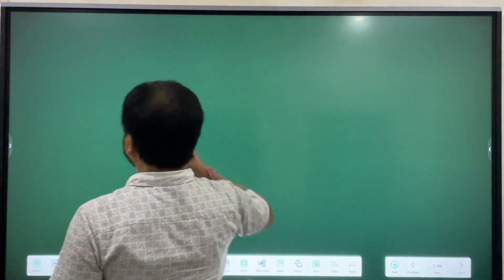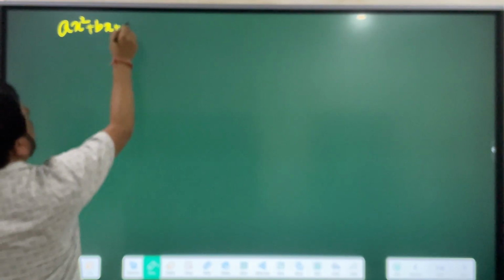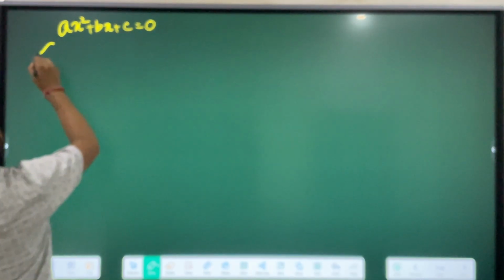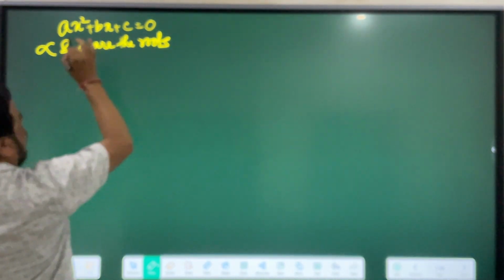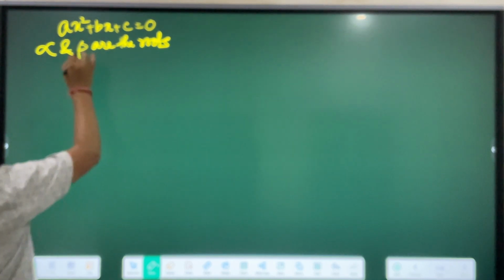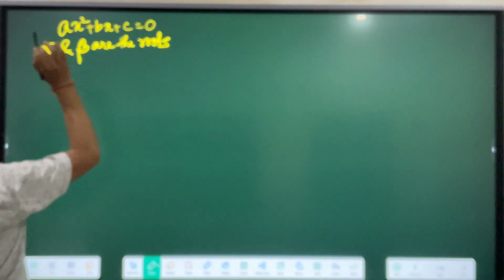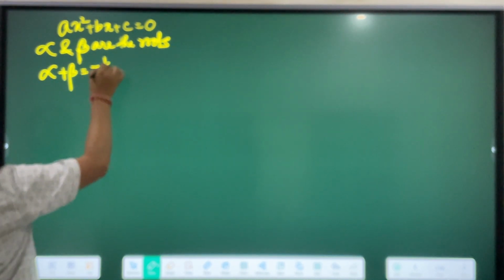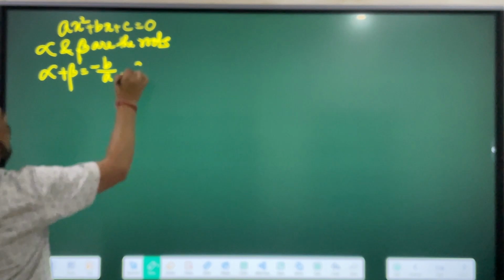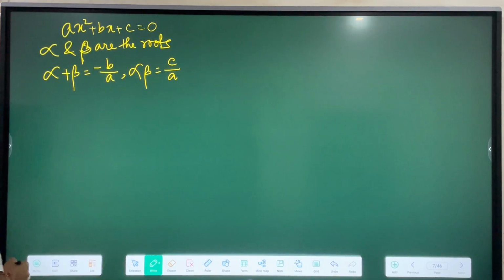Any quadratic equation ax square plus bx plus c equals 0, if alpha and beta are the roots, roots meaning values of x. There will always be two values of x, because the highest power of x is 2. So alpha plus beta is equal to minus b by a, and if we multiply alpha beta, we will get c by a.